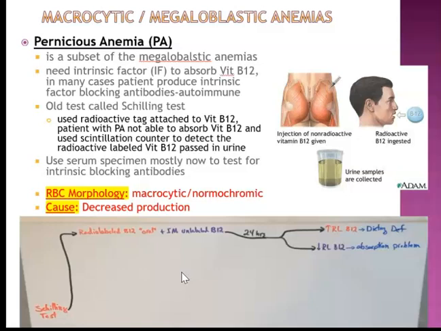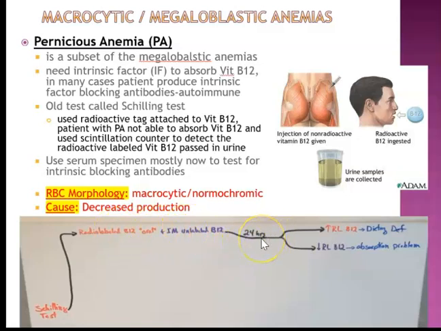So let's walk through all the steps of the Schilling's test down here at the bottom. You have a radioactive B12 oral medication administered to the patient. So that's what this pill is that the patient is taking. Also, you have an injection of a non-radioactive vitamin B12 given. So that's this step here.